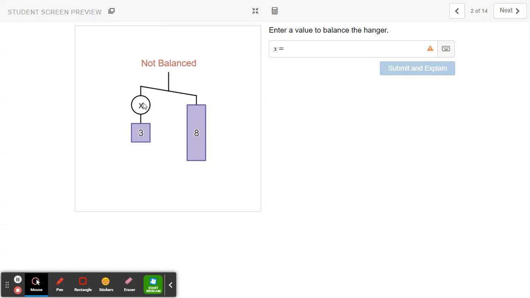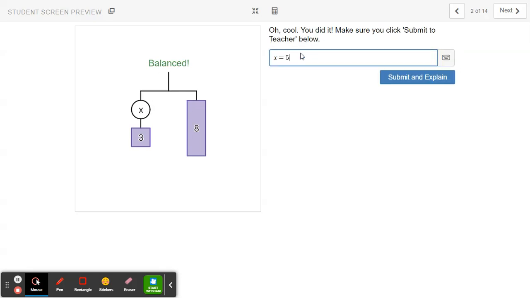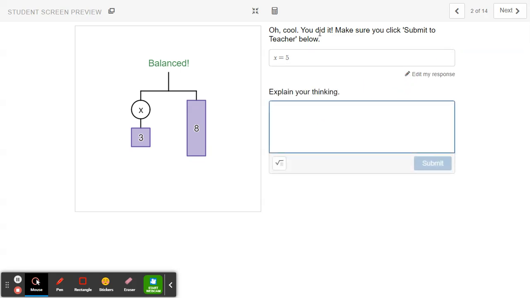Well, 3 plus 5 equals 8. So x has to equal 5. Okay? Now, explain our thinking. Well, I kind of just did, right? 3 plus 5 equals 8, and we know that this side is 8, so the x has to be 5.